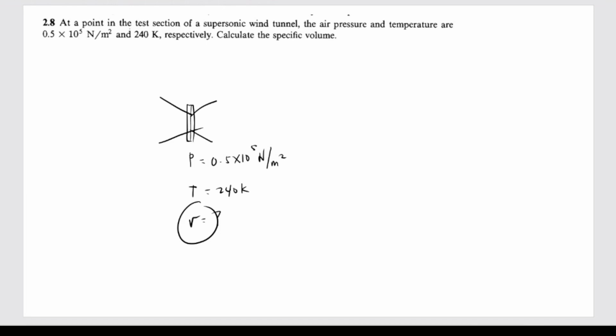So, kailangan nyo na masanay, no, na kailangan iiba nyo yung symbol ng volume sa specific volume, and ma-distinguish nyo kung ano yung pinagkaiba ng velocity dun sa volume. Kung sa volume, big or capital V, sa velocity, pwede mong gamitin yung small v.